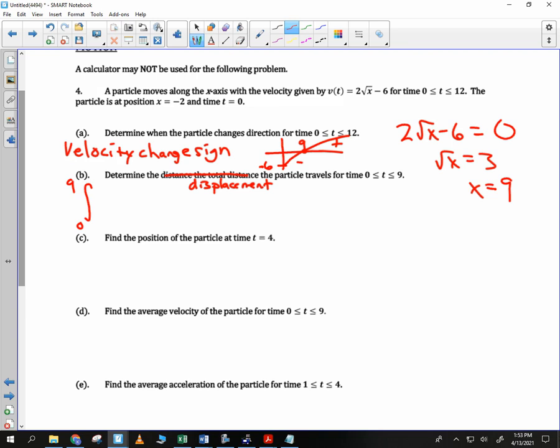Integral 0 to 9 of v of t dt. Or in other words, the integral 0 to 9 of 2 roots of x minus 6 dx. Do you know how to do that? What's the antiderivative of 2 roots of x?